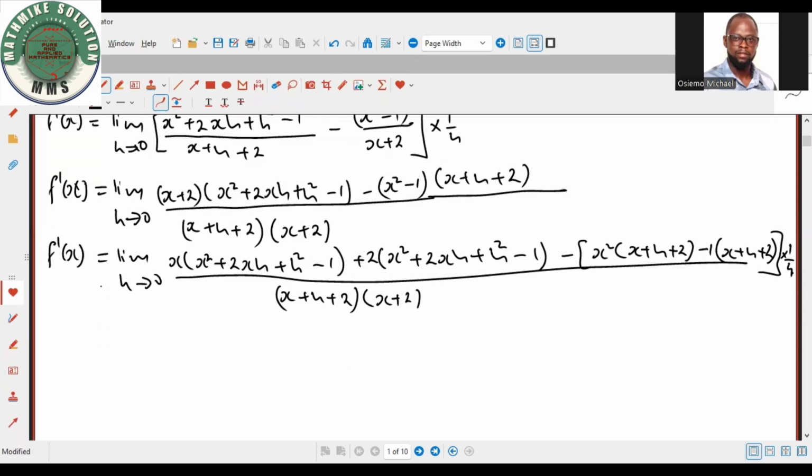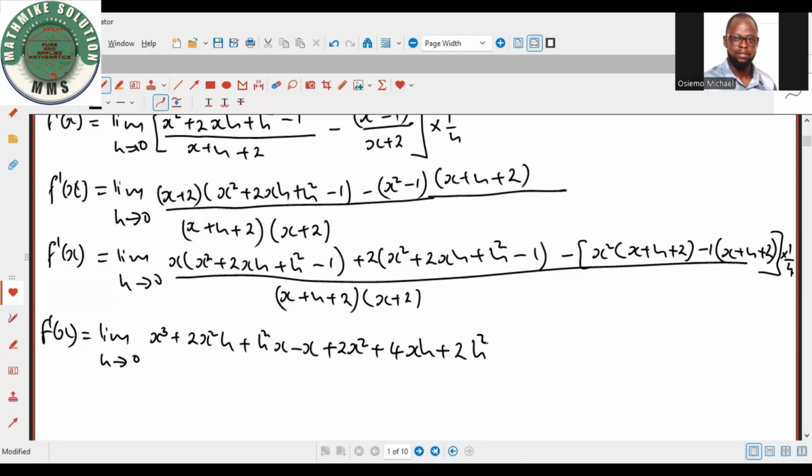So let us open up the bracket together. f prime at x is equal to the limit as h goes to 0 of x cubed plus 2x squared h plus h squared x minus x, then plus 2x squared plus 4xh plus 2h squared minus 1, then minus, in brackets, x cubed plus x squared h plus 2x squared, then minus x minus h minus 2.